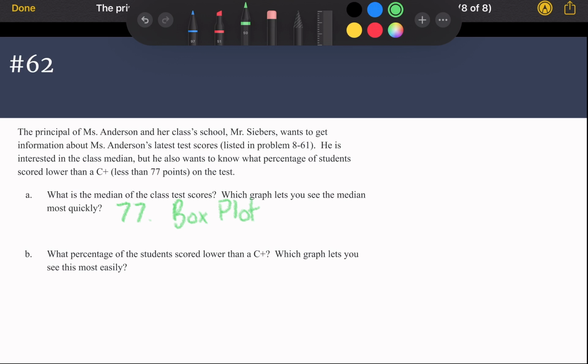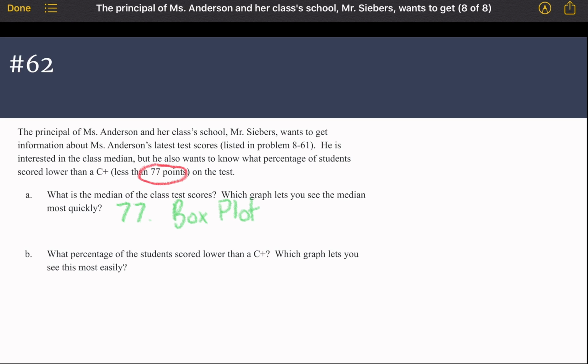Okay. Now it says for B, what percentage of the students scored lower than a C+, which, as we just found out, is 77 points. Which graph lets you see this most easily? So, if I'm trying to look for a graph that lets me know how many people scored less than 77, I'm going to look back at my graphs.